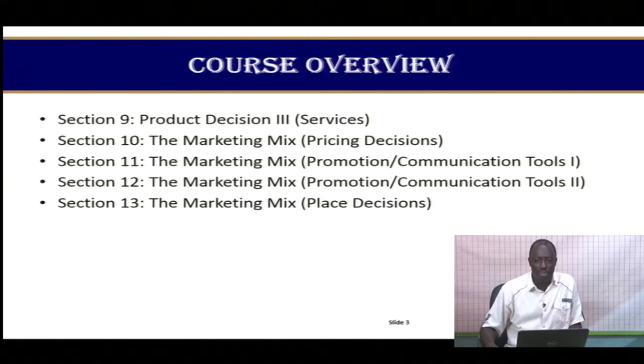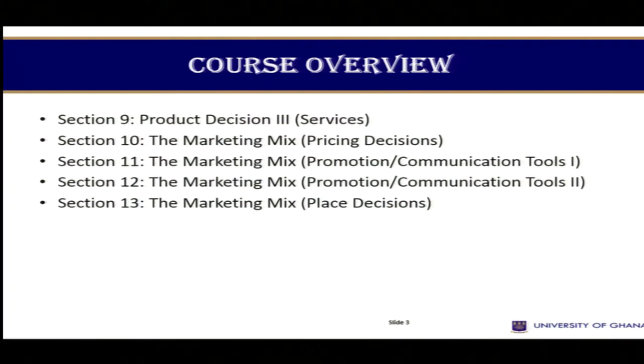I'll look at promotion and communication tools, which will be section 11, promotion and communication tools 2, section 12, and then section 13 will take us through the last part, which is the place decisions.